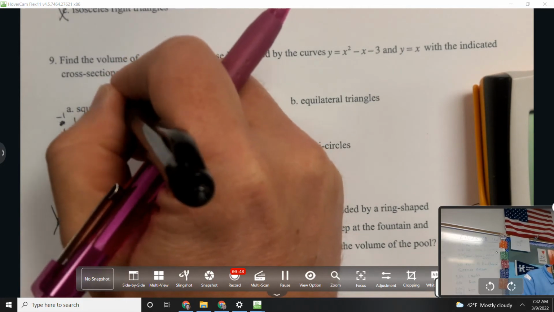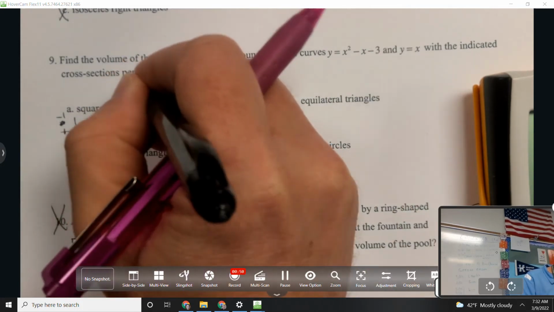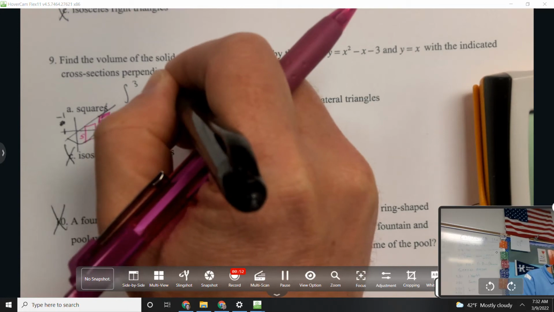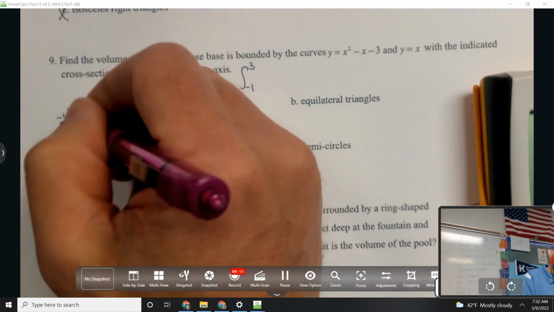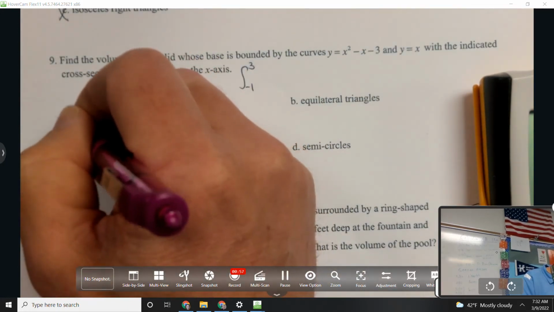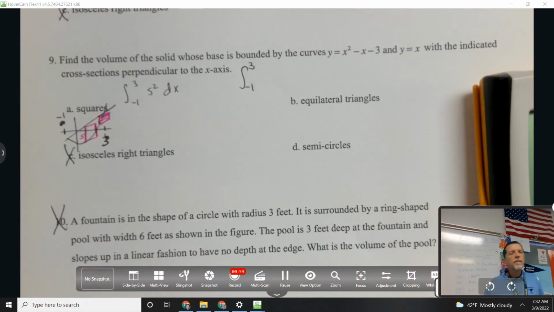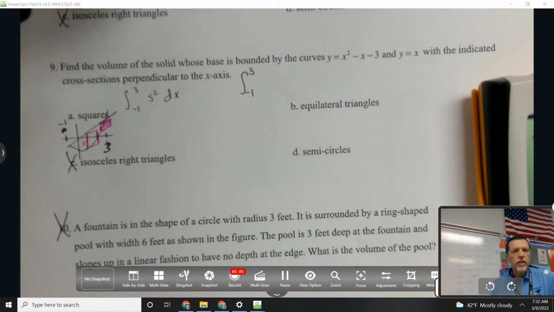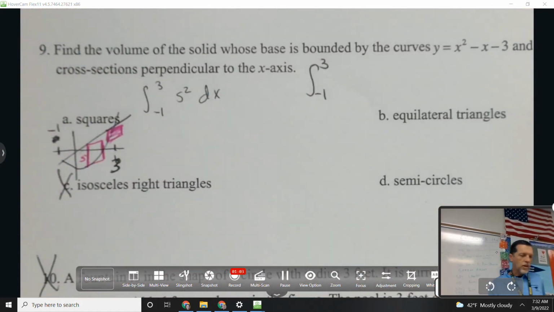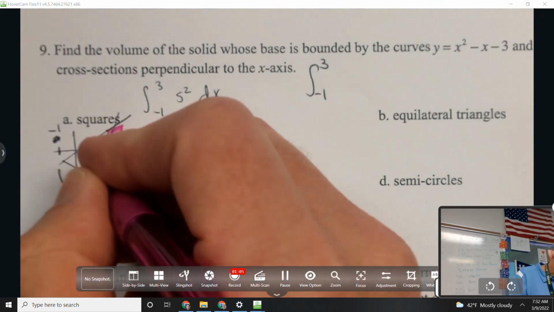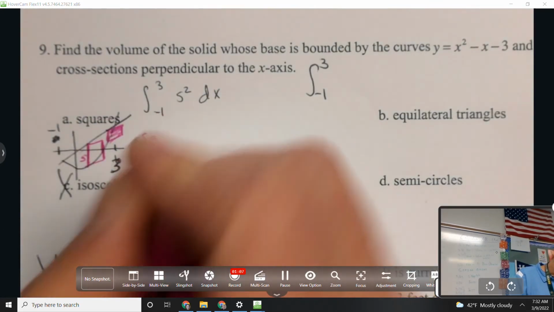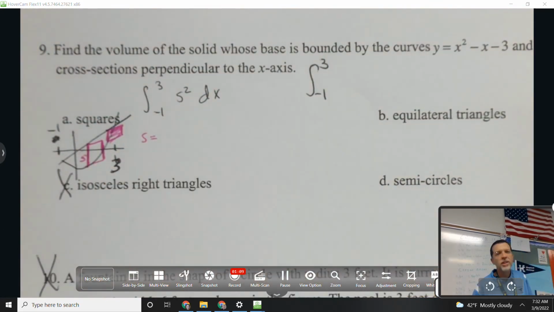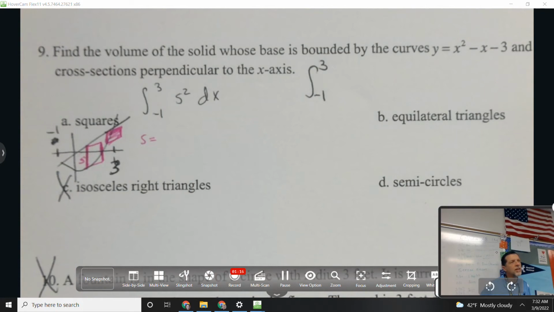So I want to do the integral from -1 to 3 of s squared dx, because the thickness of all of those little squares is dx, and the area would be s squared. So I need some explanation or some what's s, basically, because I need s in terms of x.